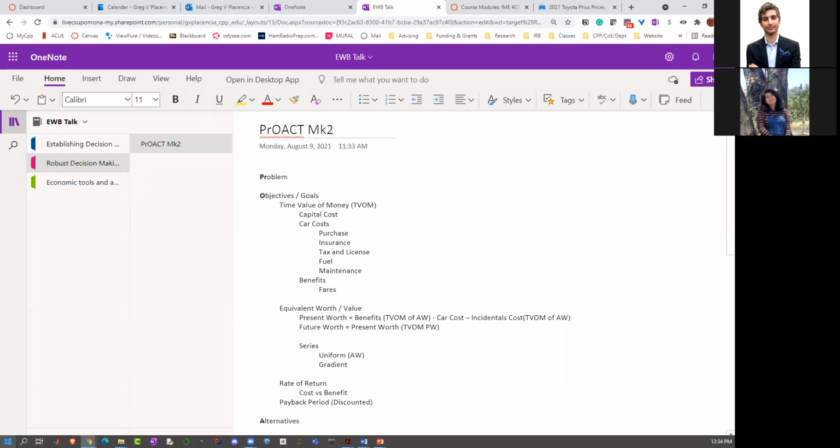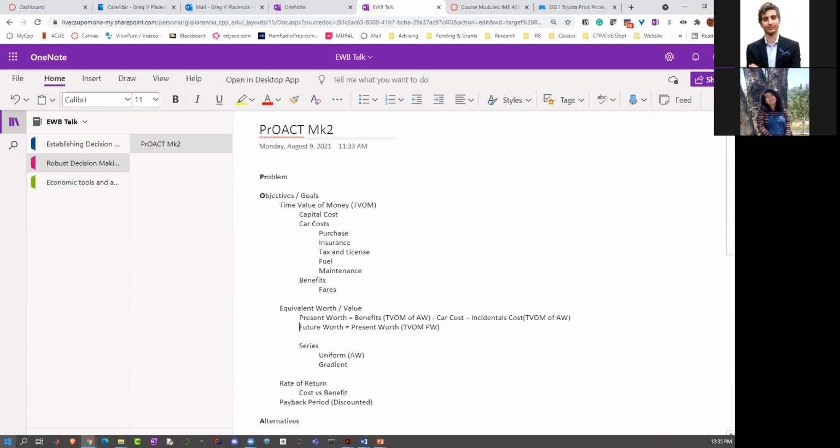I find out that the Prius, with all the value of the cost, all the benefits, the cost of the car, is worth 10 grand to me right now. Versus, let's say the Sonata, that gives me $7,000, including the incidentals and costs, all equivalent.